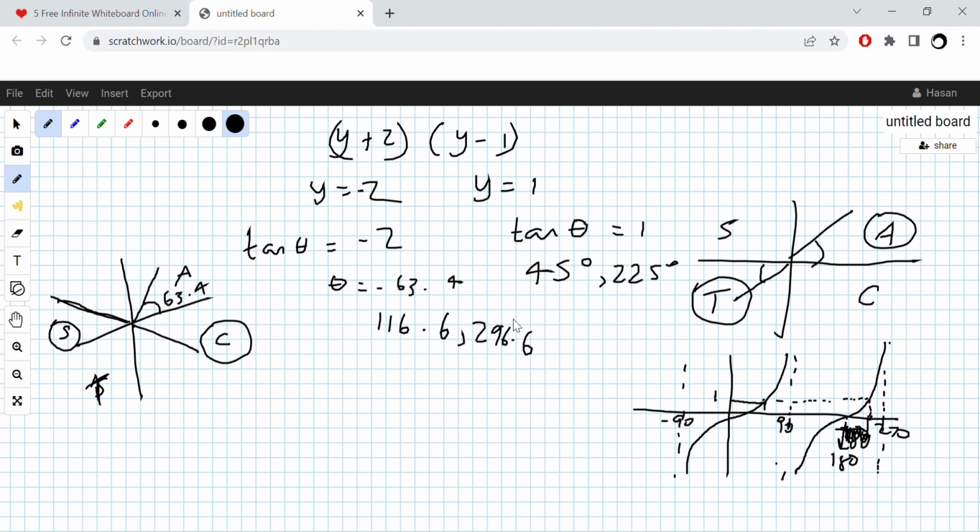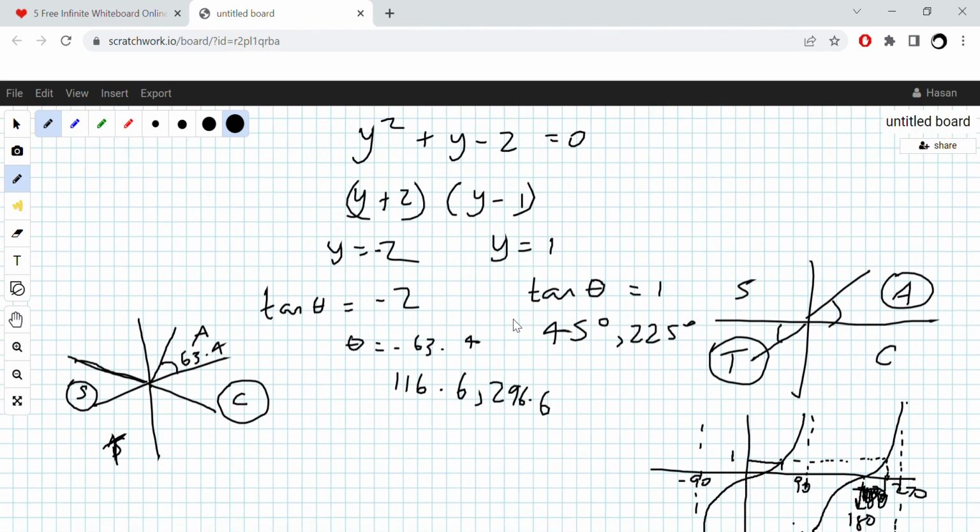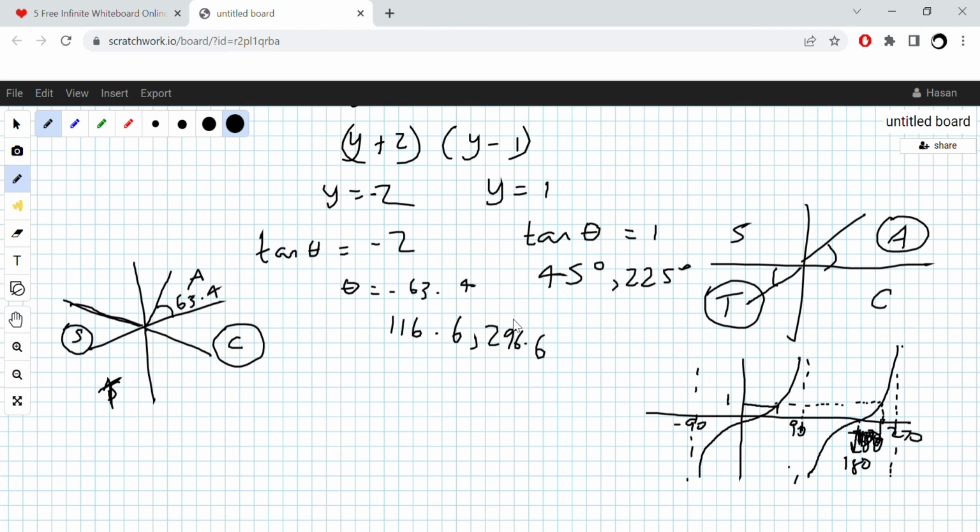They wanted it in the interval of 0 to 360, as from part A. And so therefore, this can't be it. We can't have this because that's negative. That's not from 0 to 360. But all of these lie in the region 0 to 360. So this is your answer.